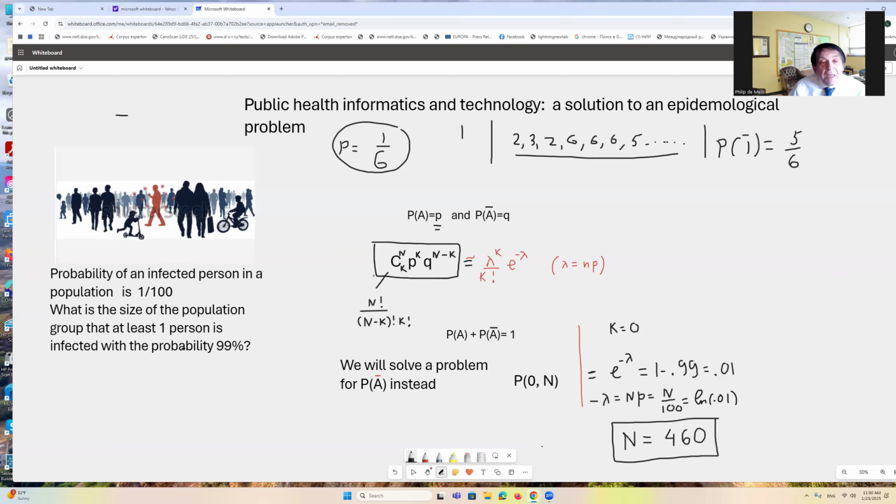And C_n^k is a binomial coefficient, n factorial over (n minus k) factorial times k factorial. So k is the number of successes, so the number of people that we will meet if they have flu. It is not, of course, success, but it means the success that you encounter them in this group.